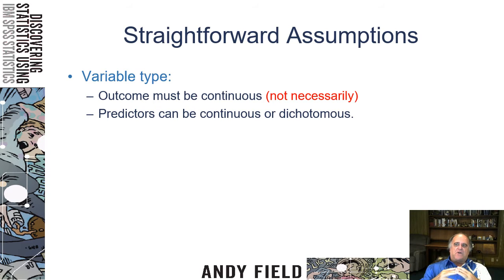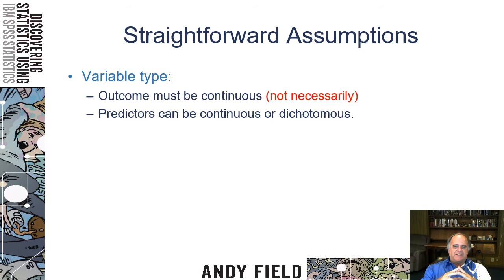Dichotomous data is always interval data. So technically you can run a regression on a dependent variable that's dichotomous. You probably shouldn't, because you probably should be running logistic regression in that case. But we could get into a debate here. Technically, you probably can run regression if your outcome variable is dichotomous.